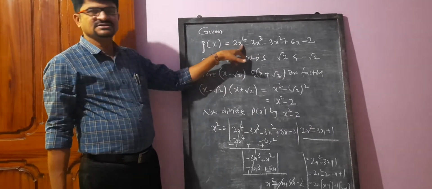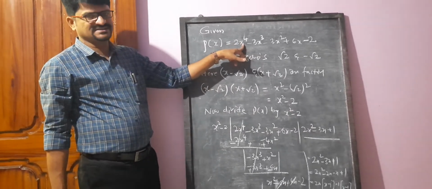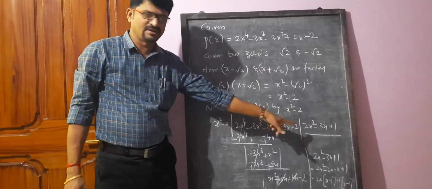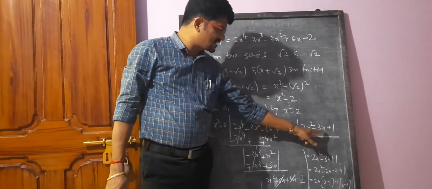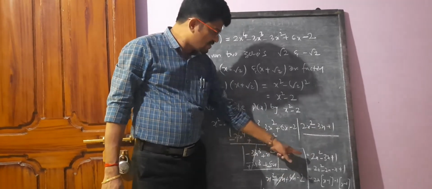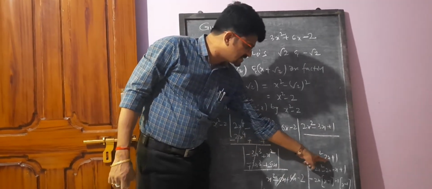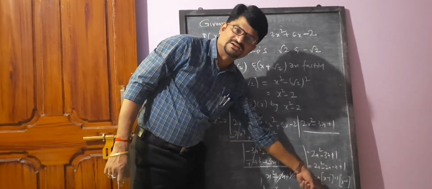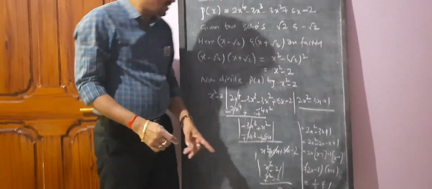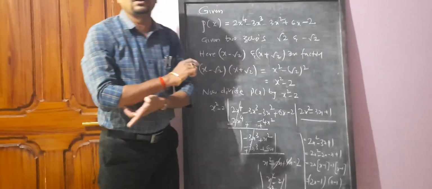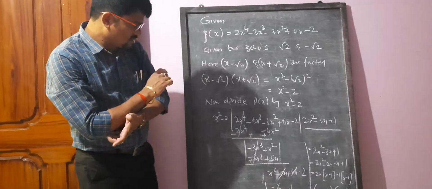We divide the given polynomial p of x by x square minus 2 to get one quadratic polynomial. By division, we got 2x square minus 3x plus 1. If we factorize this, we will get two zeros. Therefore 1 by 2 and 1 are the other two zeros.